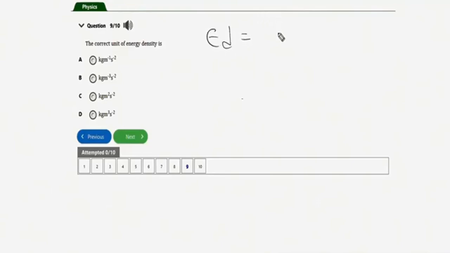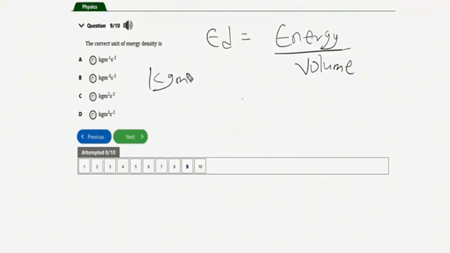The formula is energy over volume. So you know that energy has the same dimension as work. I want to show you why the correct unit is kilogram per meter per second square.